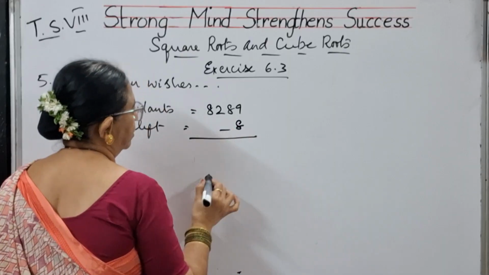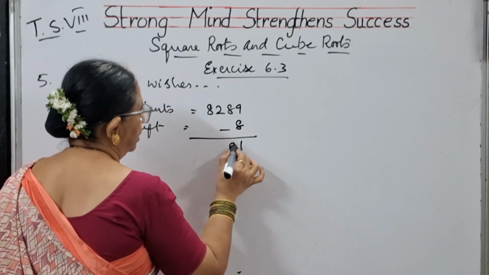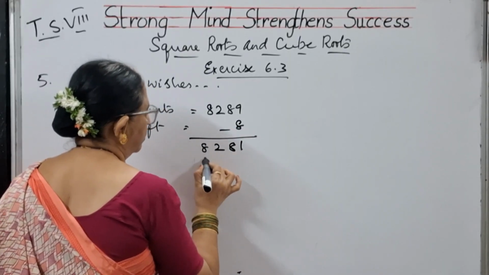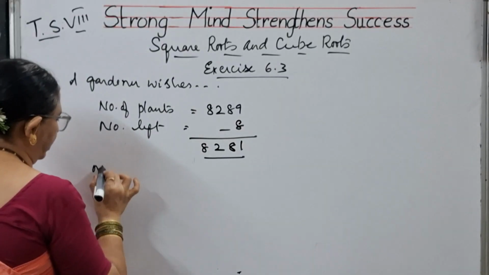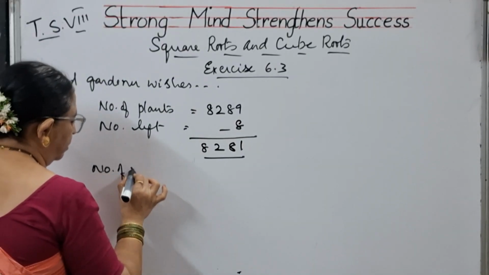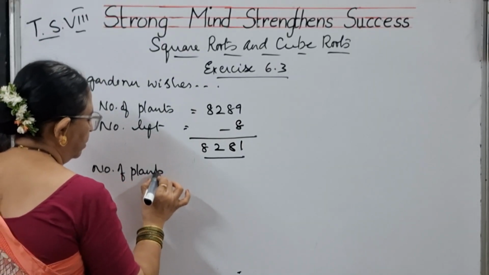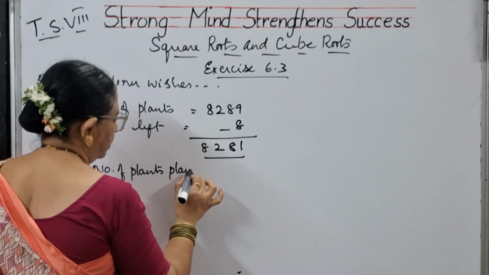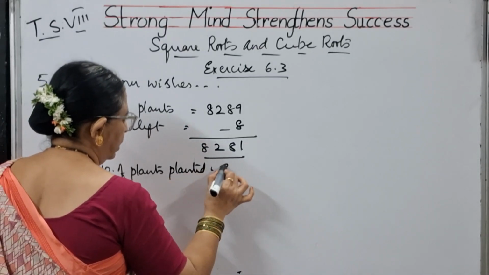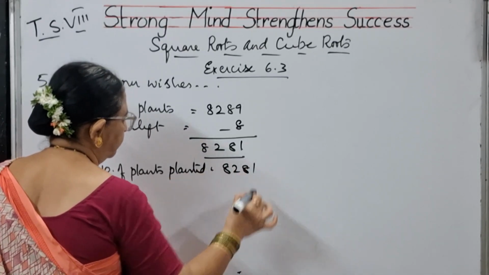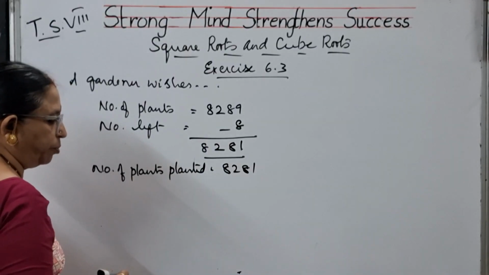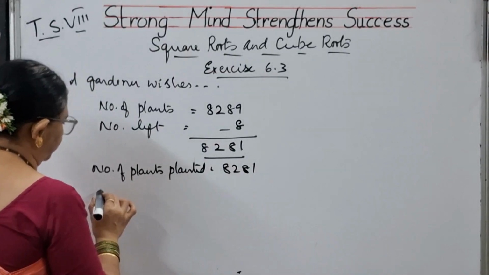So you subtract them. That is 1 here, 8 here, 2 here, 8. The total number of plants planted is equal to 8,281.